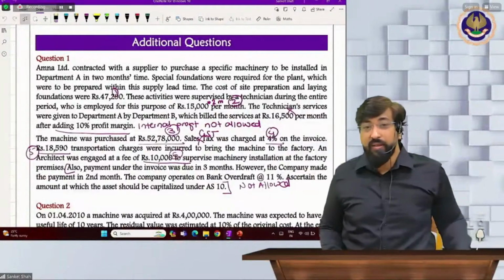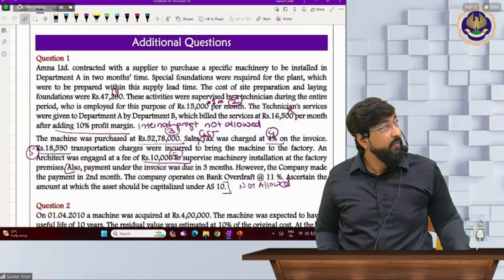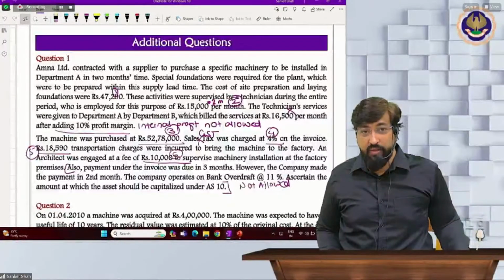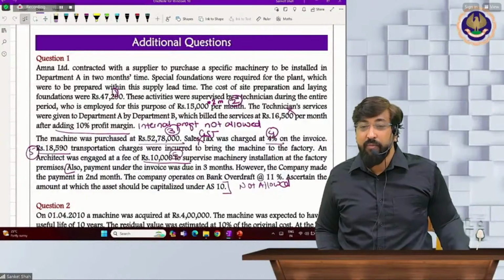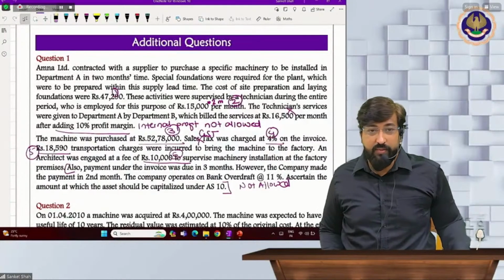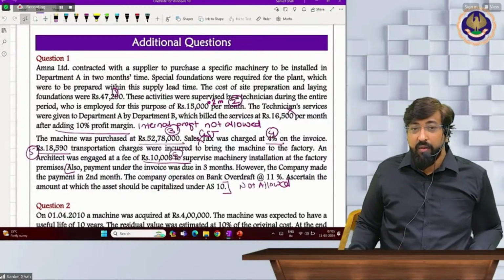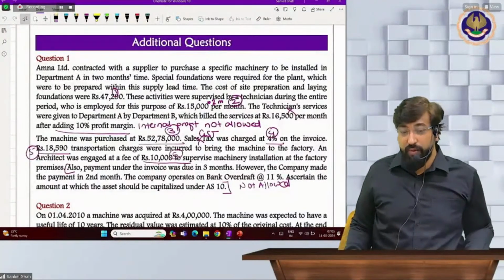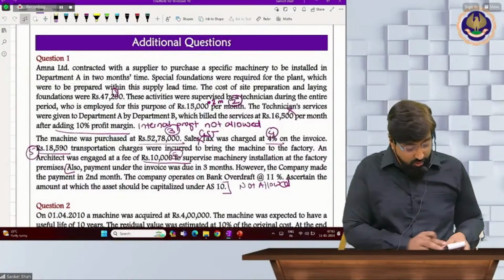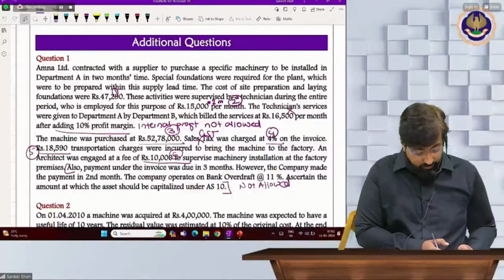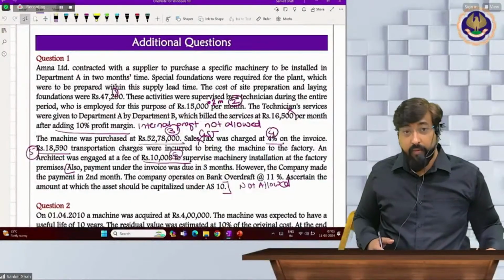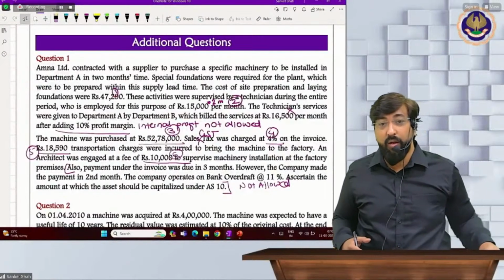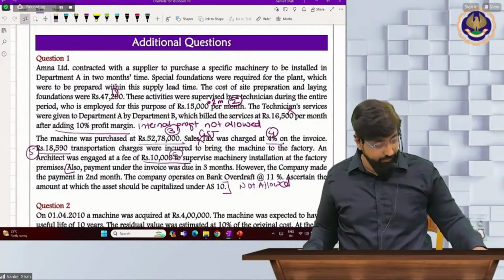So we will consider only 15,000 into 2 months. The machine was purchased at 52,78,000. So this is the cost of the machine, and we will capitalize it.